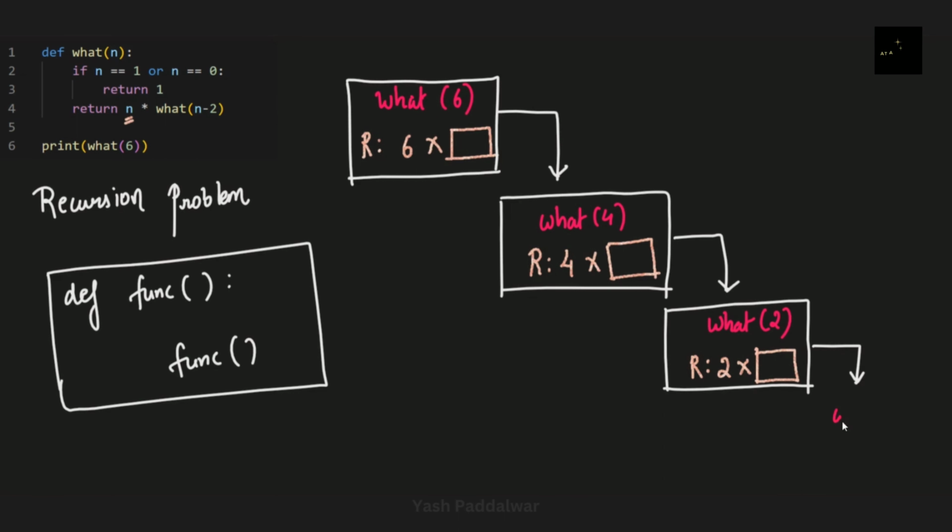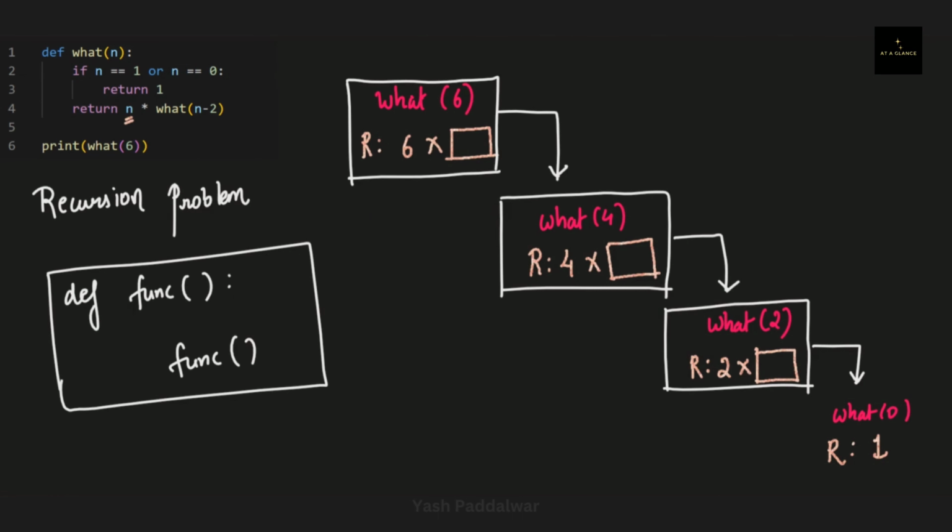Here now n is 0. So what of 0 will be called inside the function definition. If we go, we will check on line number 2 if n equals 1 or 0. Now this time the if statement is actually satisfying the condition, and therefore the return value will be 1 this time. Hence r gives out to be 1.